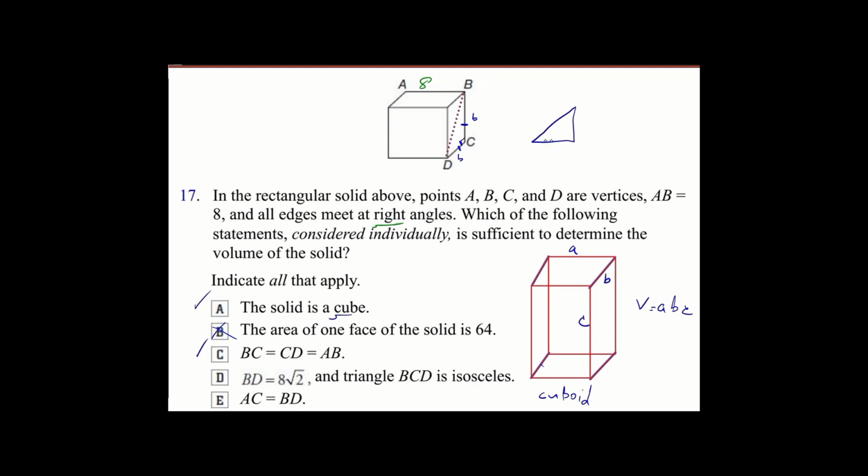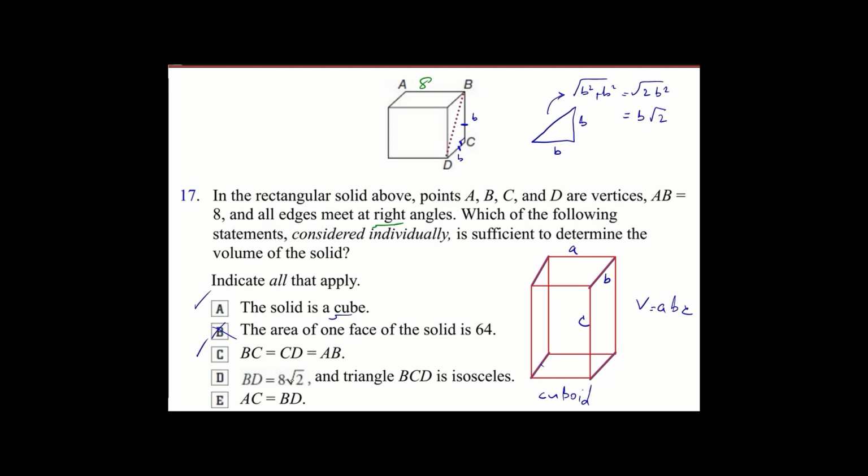It says that this one and this one are equal. This is B and this is B. By the Pythagorean theorem, we know that this one is the square root of this edge squared plus this edge squared, which is B squared plus B squared, 2B squared. B squared comes out from the square root, so it's B square root of 2.